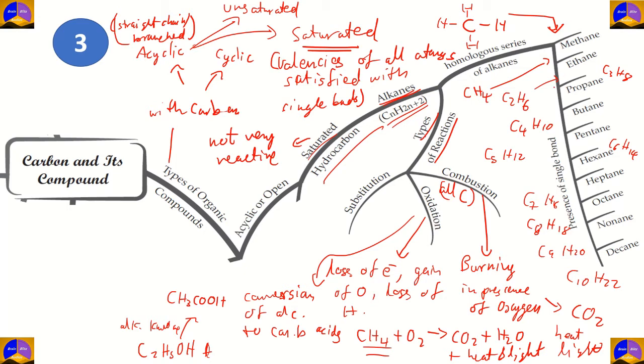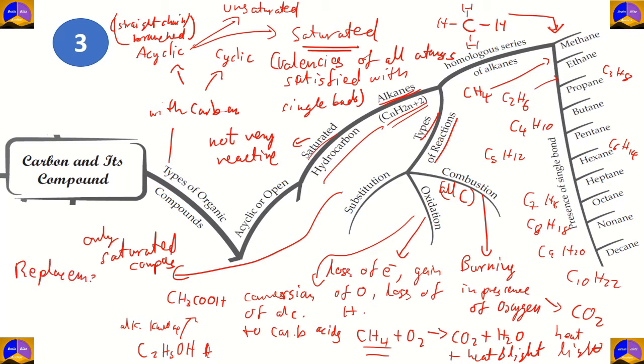So combustion and oxidation are two of the three reactions. The third one is substitution. Substitution occurs in only saturated compounds, and basically in substitution you see that the carbon compounds undergo replacement of H with other atoms.